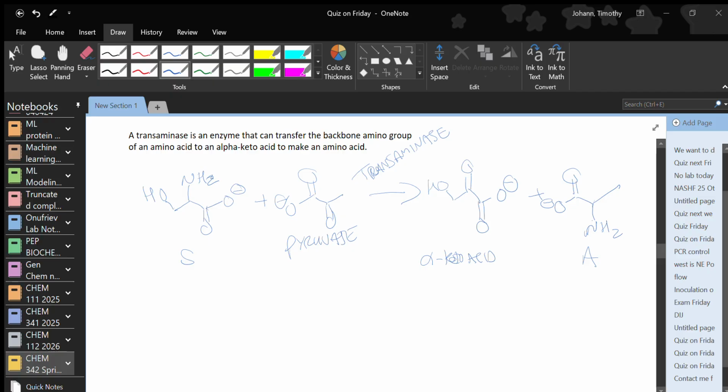Okay. And this is a really important reaction. It actually doesn't happen as directly as this. I'll talk about that in a little bit. But this is an important reaction that happens in your muscles. The reverse reaction happens in your liver. We're going to get our pyruvate back from our amino acid. There are some intermediary steps here.